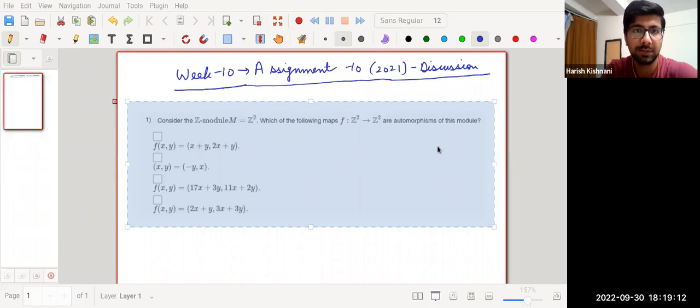As all of these functions are linear functions in coordinates, all of them are going to be homomorphisms.